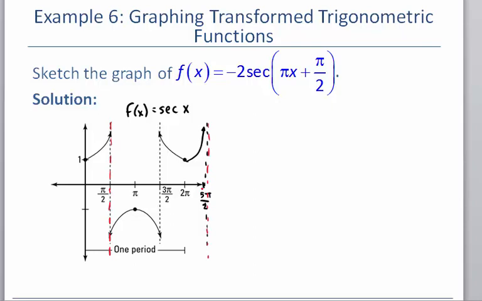So what I want to do is give you kind of a general definition for a function that has been transformed, and then we're going to come back to this example.